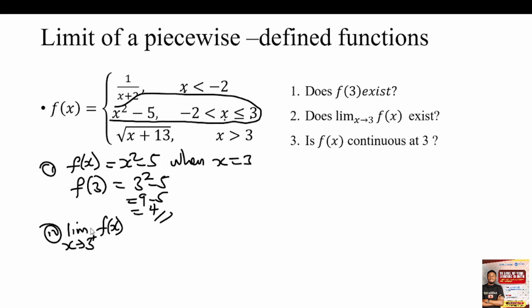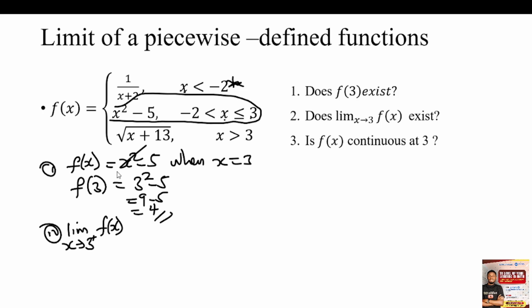Great. So when we check our functions, now we go back to our piecewise functions. At what condition or range is x slightly greater than 3? When you check the first one, we have x less than negative 2, so this one is not part.